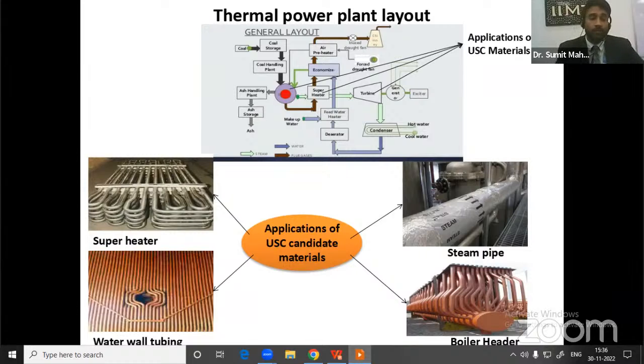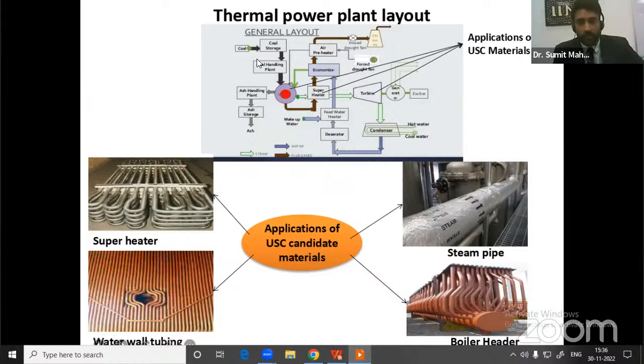So if the temperature is too high in these kinds of materials, the chances of failure of these materials are very high, along with some other phenomena that occur at high temperature. By those things, the materials will fail, and we need to replace the materials, and the power plant working is somehow hampered.